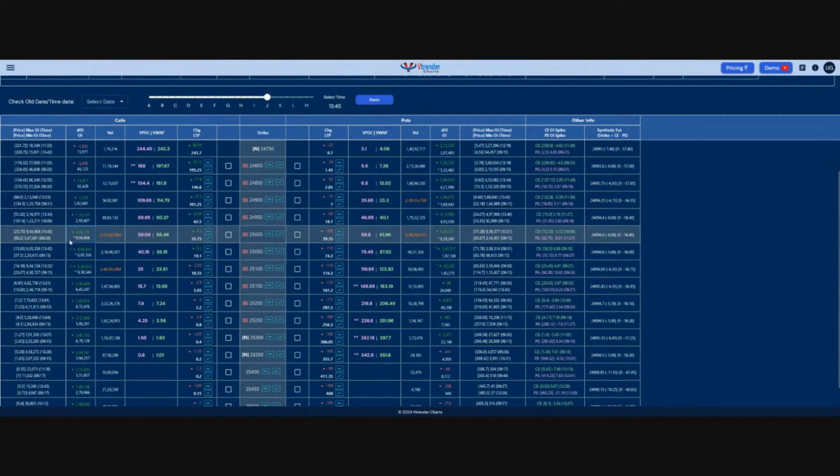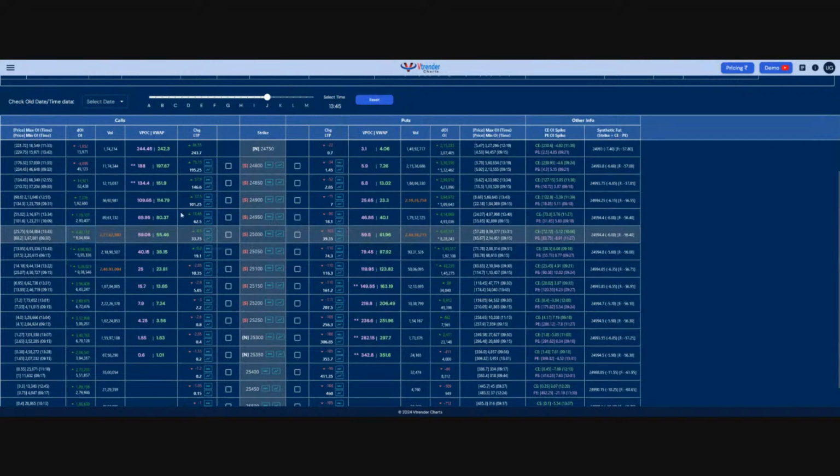All these stars indicate the open interest is the highest for that particular day. As the open interest keeps rising with every TPO, the star will keep getting retained. The same thing you can see on the put side: 8 lakh 28,000 was the open interest, 6 lakhs of open interest was added today, and you have a star here showing that even the put side was building in this 25,000.